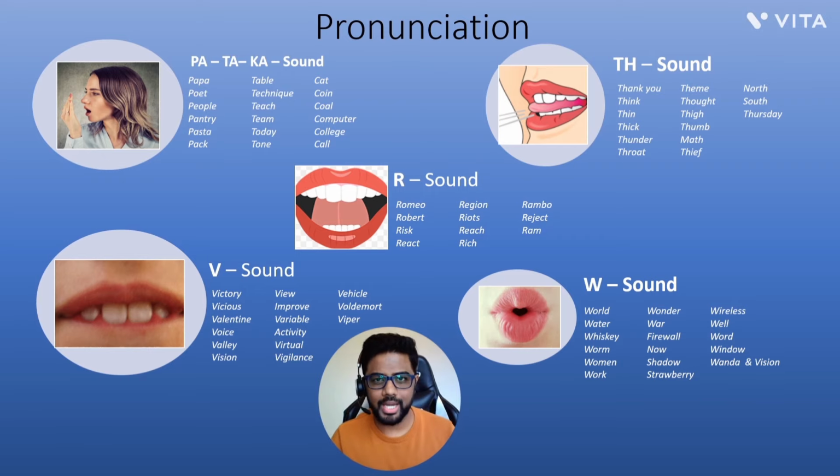So let me just go through that again. It's the pataka sound, the th sound, the R sound, the V sound, and then of course the W sound. So these are the main sounds that, if you pronounce correctly, make you a little more American accent.